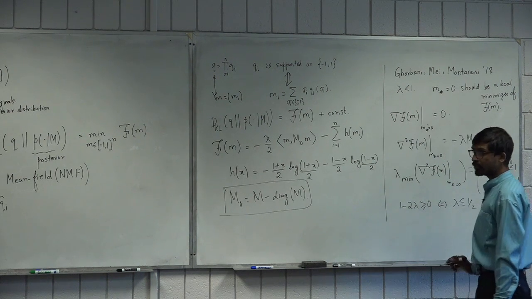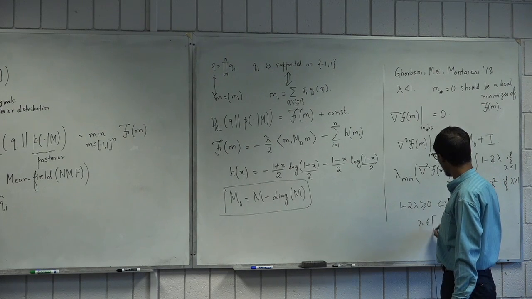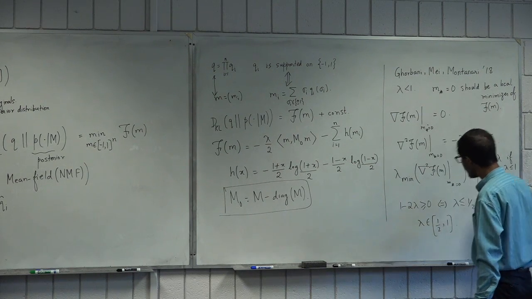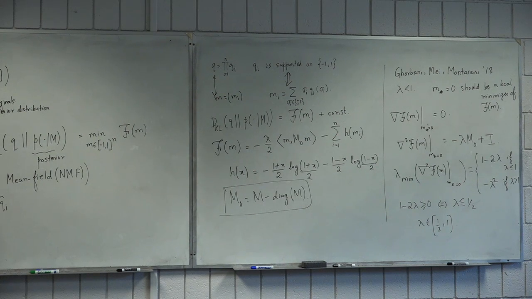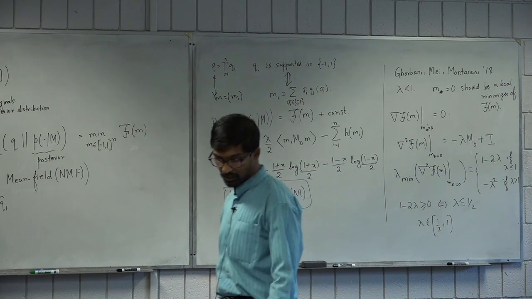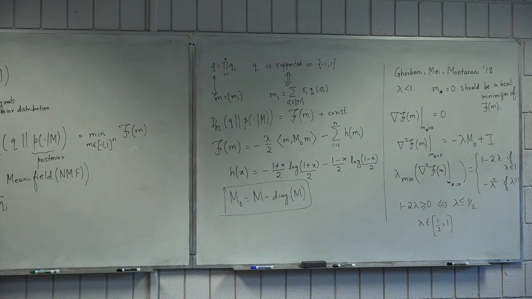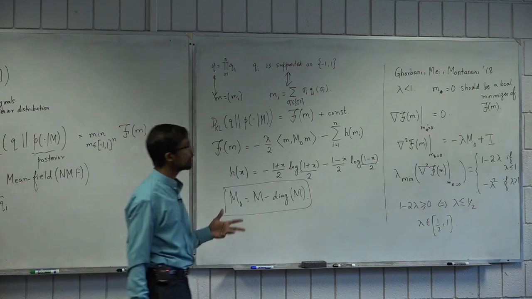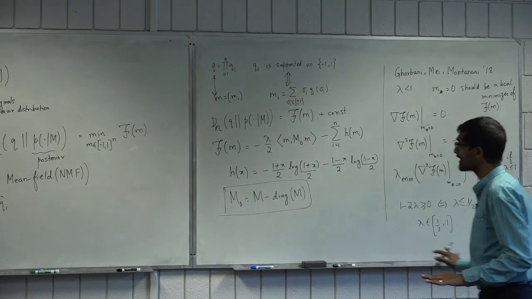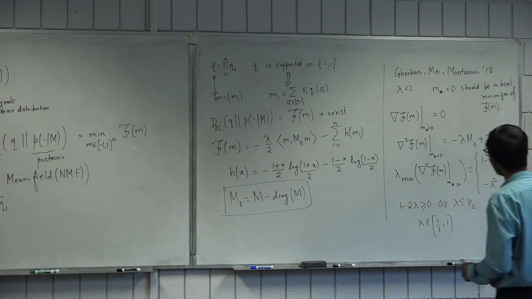So if you are in the regime lambda from half to 1, something weird is happening: m star equals 0 is actually not a local minimum in this regime. What it suggests is that if you use the naive mean field strategy in this problem, in this regime between half and 1, even if you start at 0, 0 will end up being a saddle point, so you'll escape 0. And this algorithm will give you wrong predictions, and not only that, it will give you wrong predictions with a lot of confidence, which is kind of the worst of both worlds.